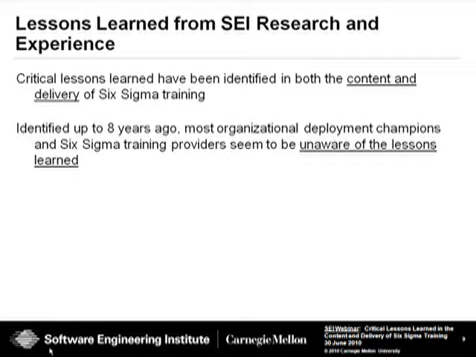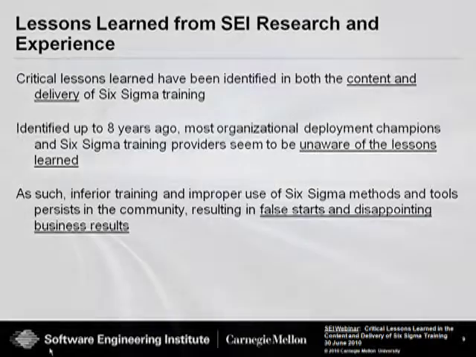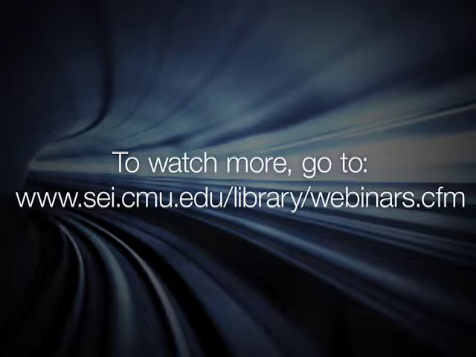And so the surprising thing is that a number of service providers of training have not picked up on some of these lessons learned, even though they've been around for 8 years. And so that can result in inferior training and improper use of Six Sigma methods and tools. And that's been noticeable in a number of companies that are still having false starts and disappointing business results.